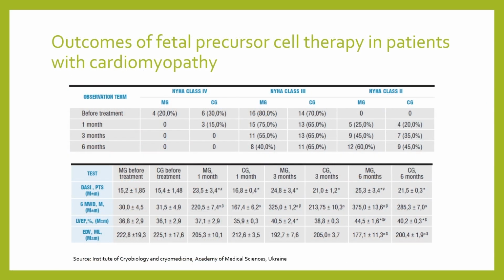Such properties of fetal precursor stem cells result in downstaging of the functional class of heart failure, observed in the majority of patients within 6 months, an increase of the ejection fraction on average between 13.5 and 20%, and relatively lasting effects up to 2 years post-administration of this type of cells.